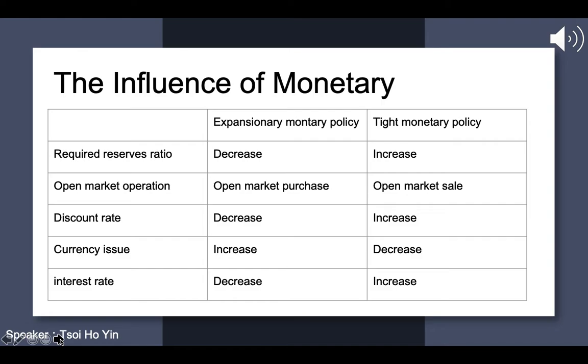The required reserve rate, discount rate, and interest rate will decrease under expansionary monetary policy, and they will increase under tight monetary policy. Only the currency issued will increase under expansionary monetary policy. About market operations, it will purchase under expansionary monetary policy and sell under tight monetary policy.